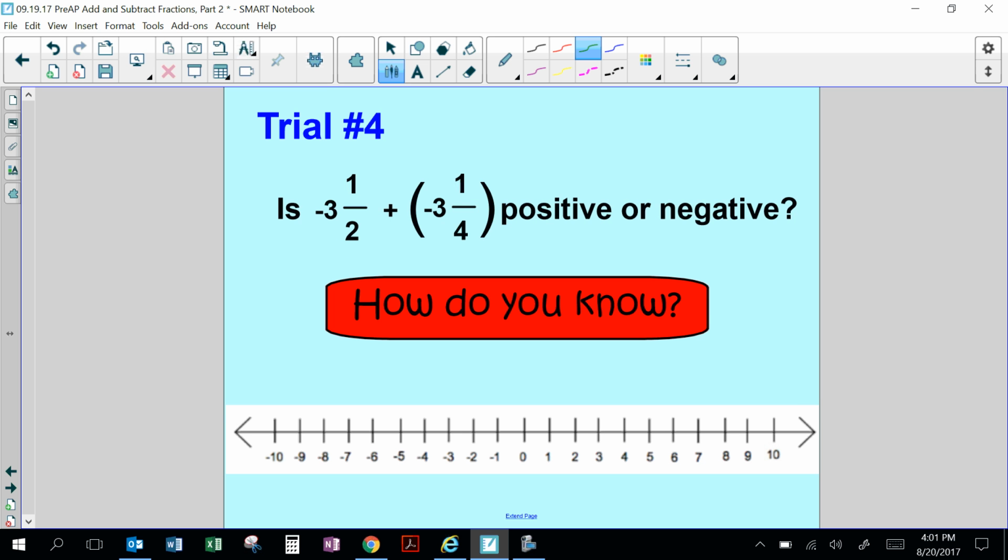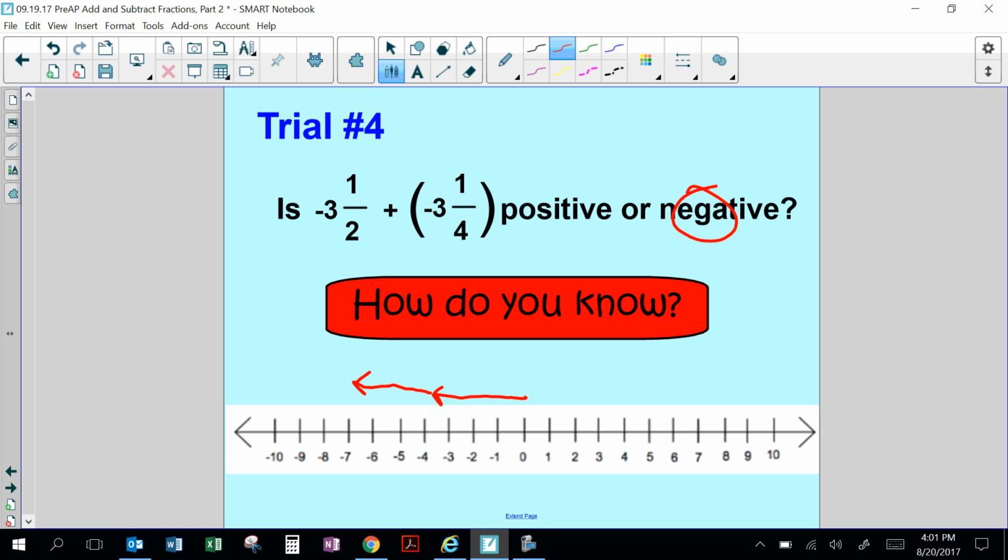Trial 4. -3.5 plus -3 1/4. Do you predict positive or negative? So if I start at 0, I go to -3.5. -3 1/4 means I go 3 1/4 to the left. So it's going to be negative.